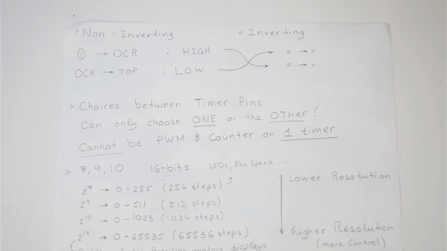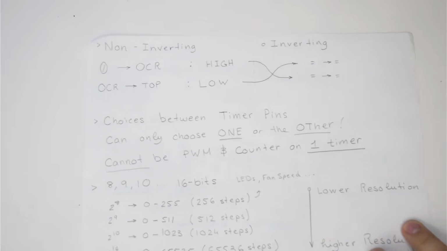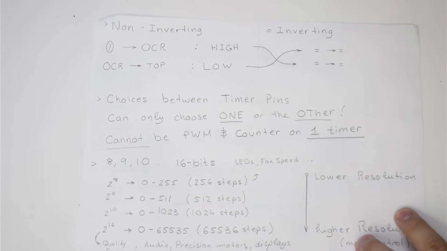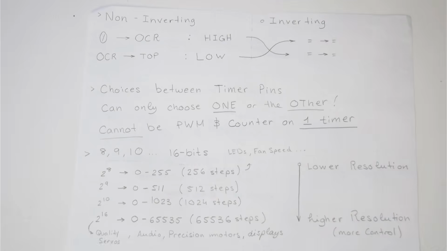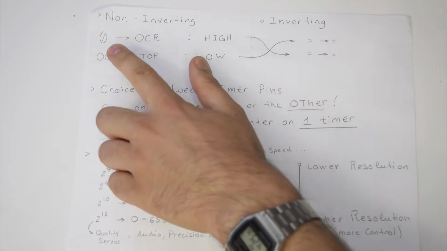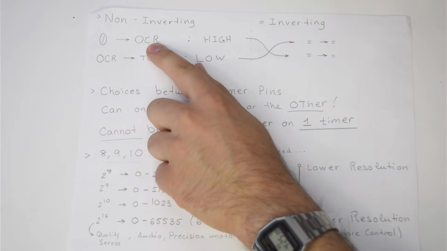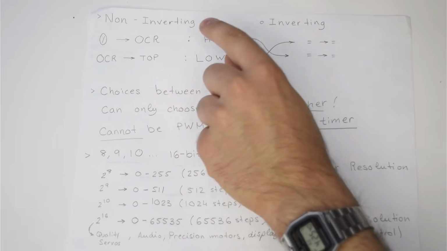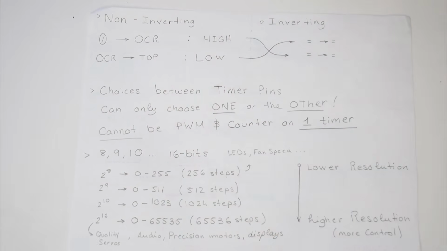Just like I said before, our timing diagram from before was in non-inverting mode. What is non-inverting mode? Non-inverting mode means that from the value 0 all the way to the value of the flag, it's going to be high, so 5 volts.